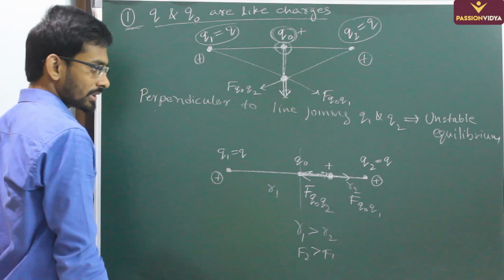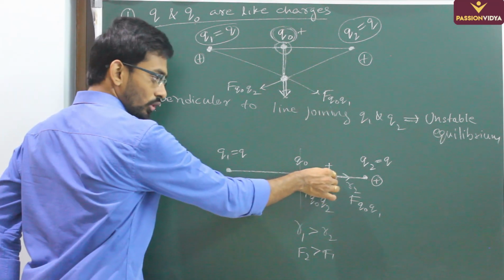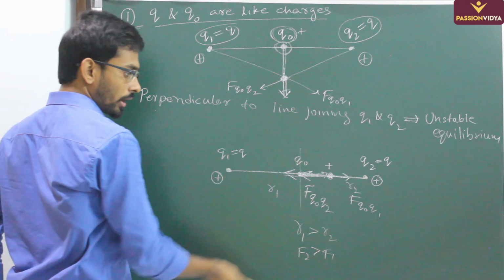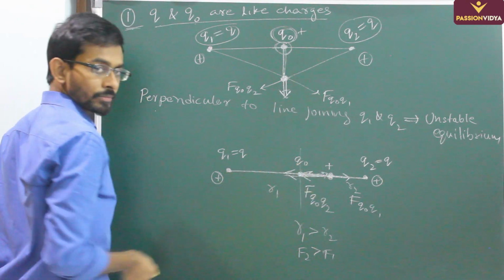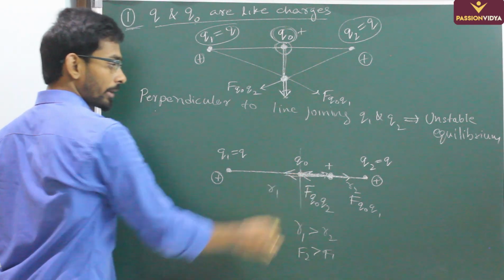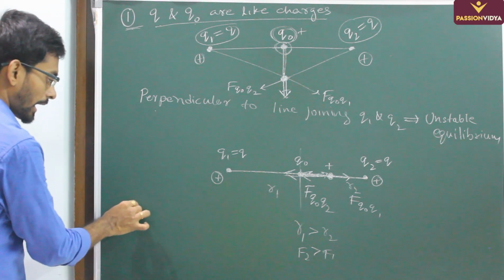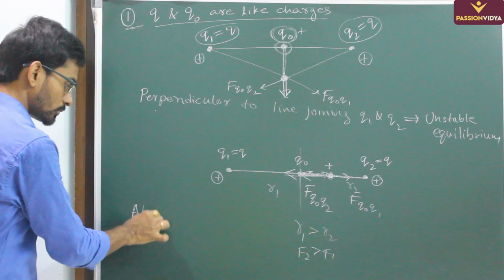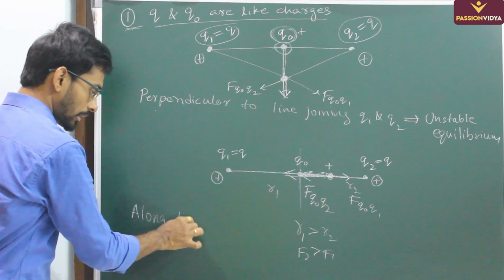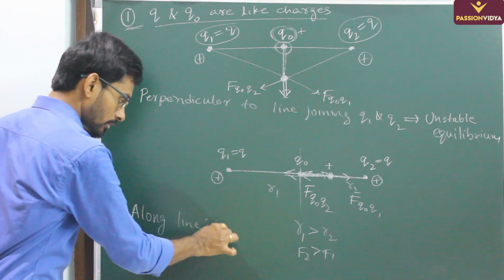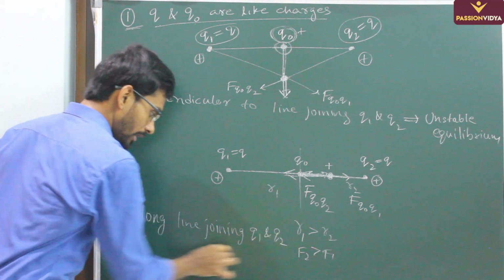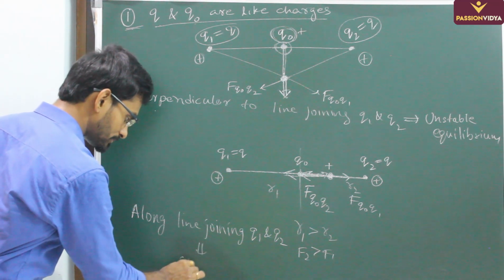That implies the net force will be along F2 in this direction. So it is trying to come back to equilibrium position, means it is stable equilibrium. So when you move the test charge along the line joining q1 and q2, it will be in stable equilibrium.